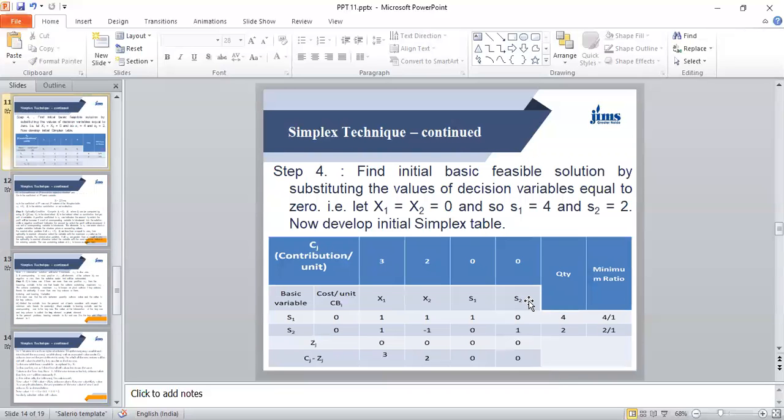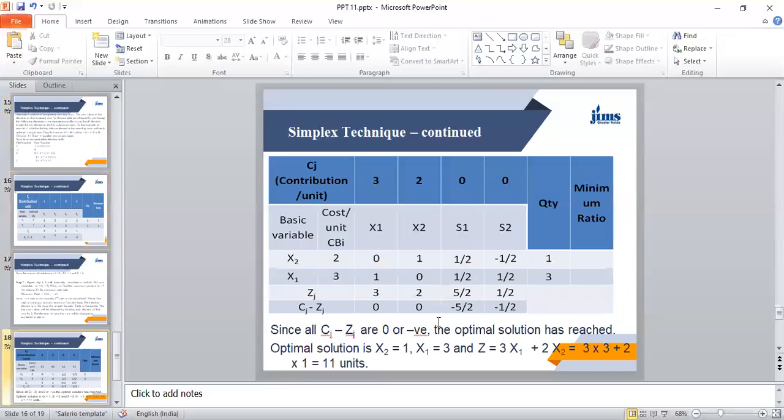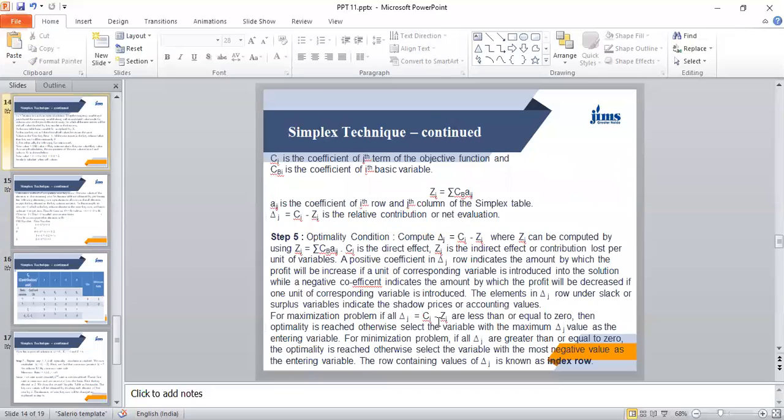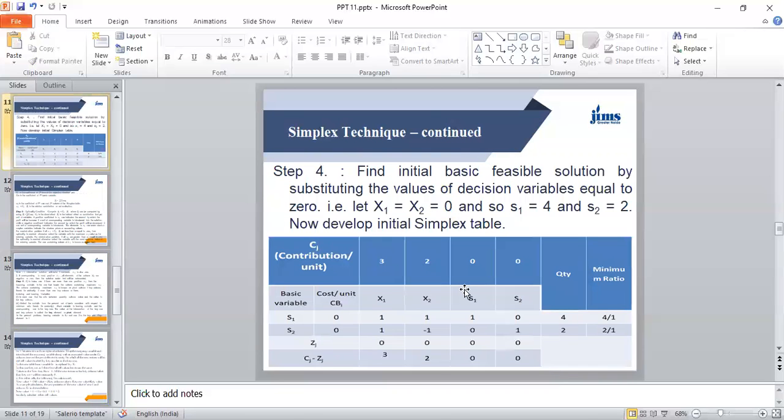Let us see here. This one we want to explain. This old value is 1, so old value 1, minus what? Minus key column value. What is in the key column?